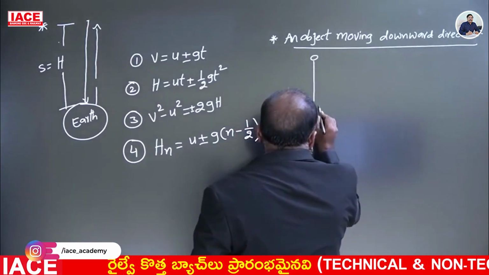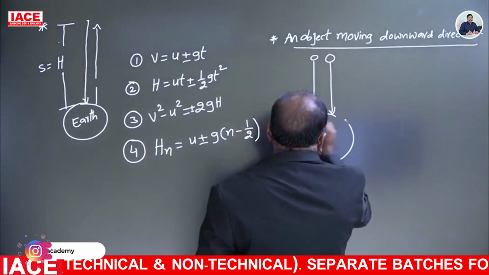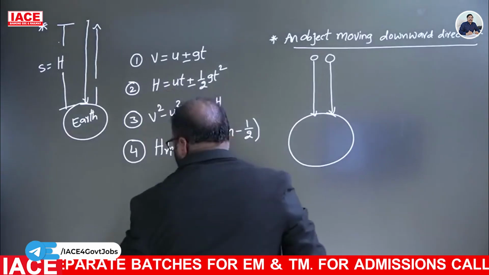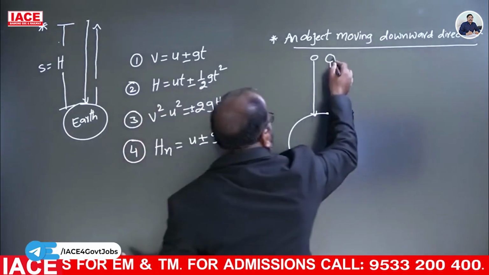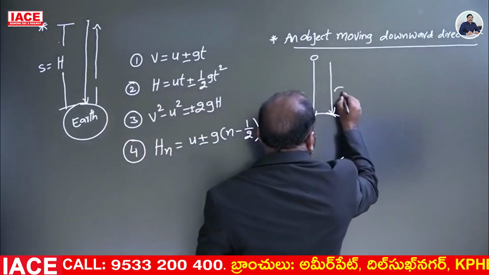Direction of the object is downwards. Gravitational force of attraction is also acting on the object downwards. Gravitational force and object direction are both the same.